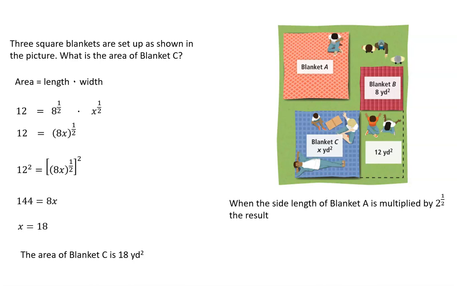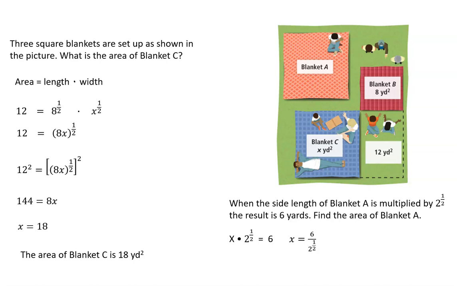When the side length of blanket A is multiplied by 2 to the 1/2 power, the result is 6 yards. Find the area of blanket A. Pause the presentation, see if you can find the solution, and then resume. The answer: we would take x times 2 to the 1/2 equals 6.